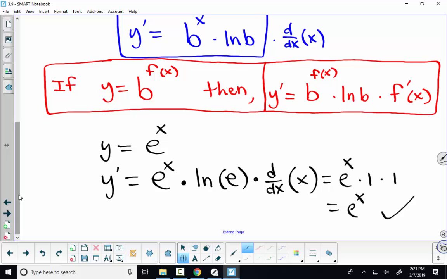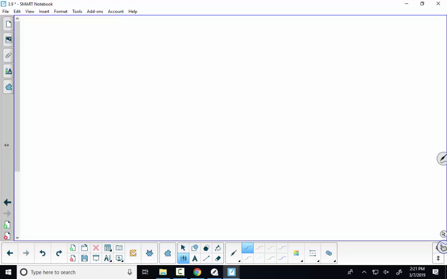Okay. So then, if we've got b to the x, and remember b is just going to be some real number that's larger than 0, that derivative is the exponential here times ln b times the derivative of the function that's in the exponent. So we find y prime for the function y equals 4 to the negative x.